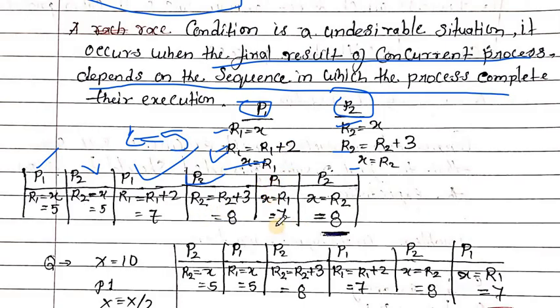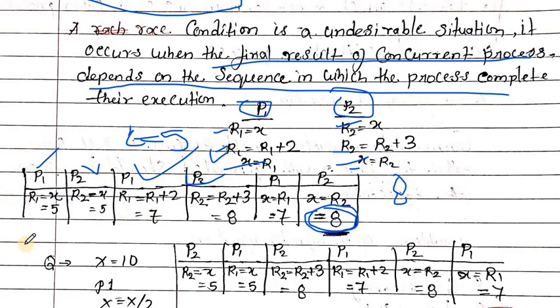Now again preemption happens, or the process completes. Now for P2 the last line of execution, X is equal to R2. The final result will be 8. Okay, 8 is the final value of X.